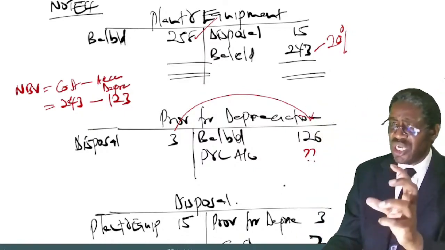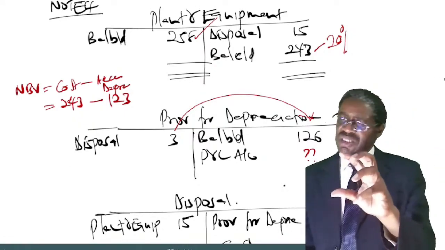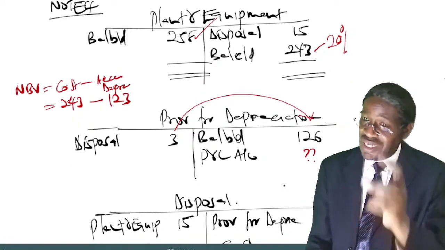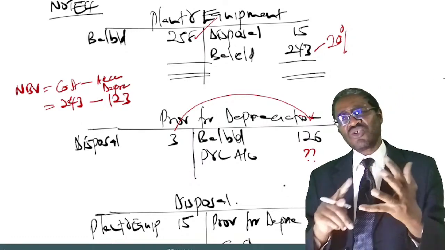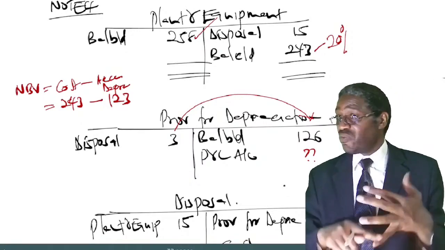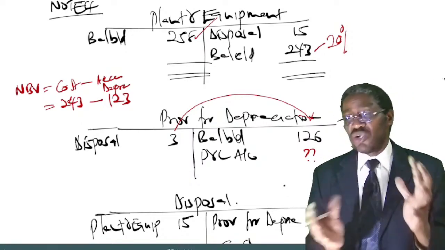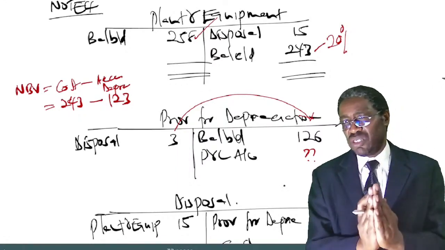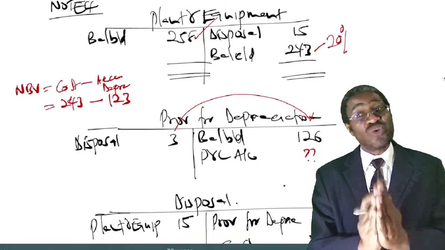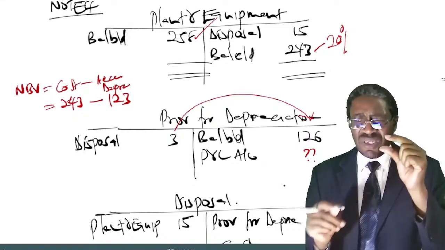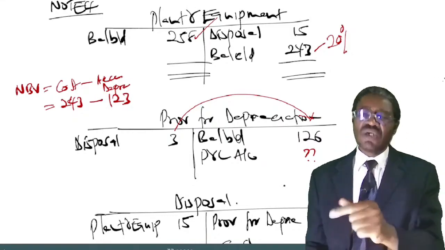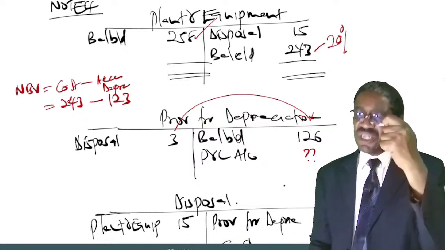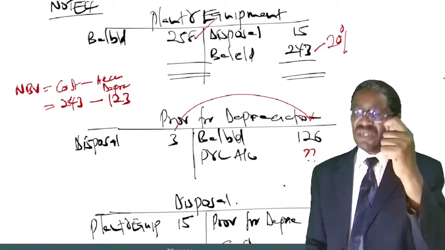So the question here was a bit tricky in the sense that the examiner wanted you to remember that once you're through with the assets sold, you've got the gain or loss on disposal, you normally don't have to stop there. This is something you did in financial accounting: once you have dealt with the assets sold, you had to depreciate the ones that are still remaining.